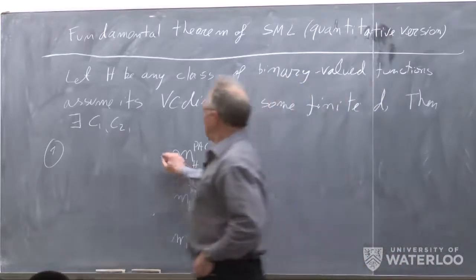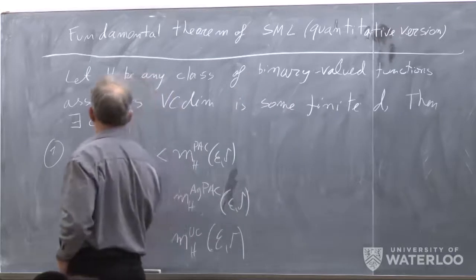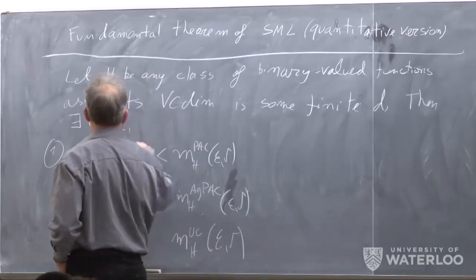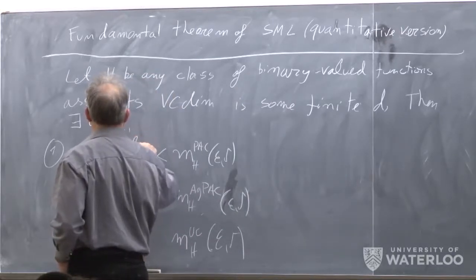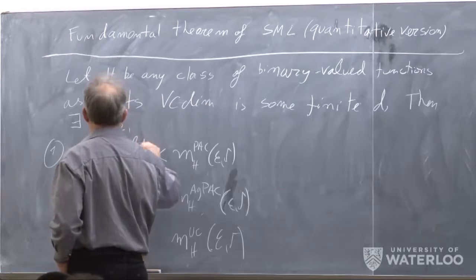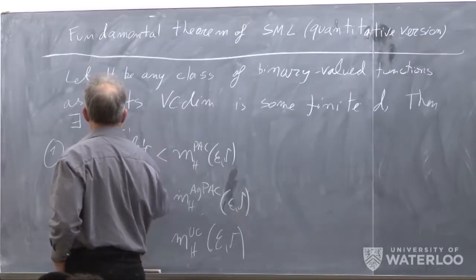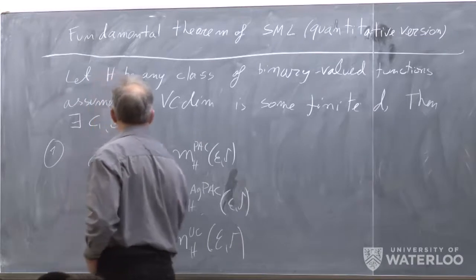So here we got something where the lower bound was something like D plus log or ln 1 over delta. It doesn't matter, divided by epsilon, and this was C1.